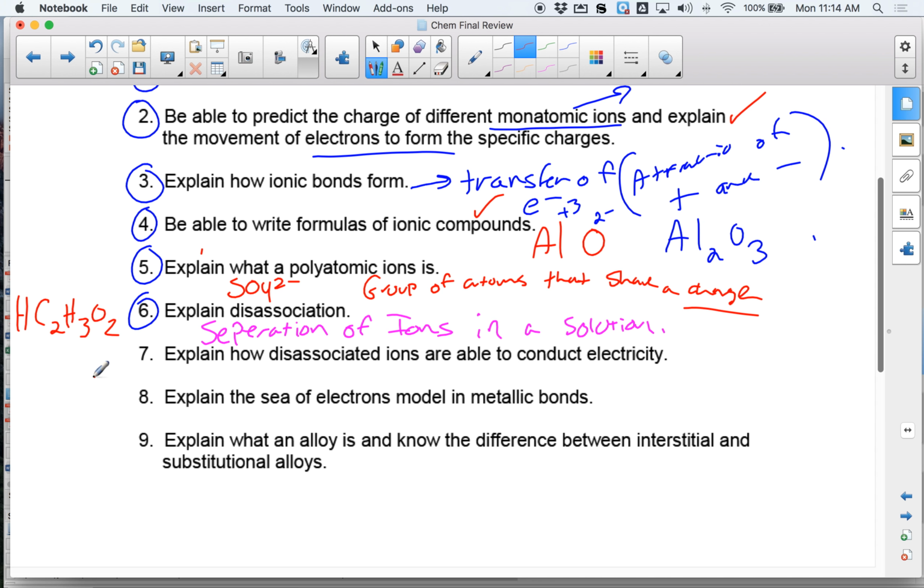I had a momentary mix-up of ideas there. ATE turns to ic. So sulfate in an acid is sulfuric acid. Okay? ITE turns to ous. So sulfite would be sulfurous acid.